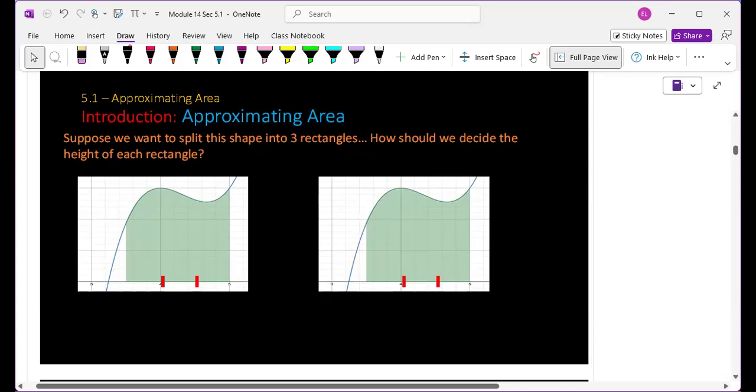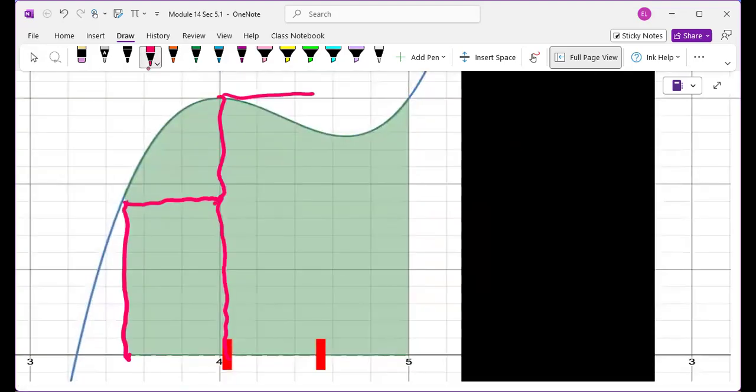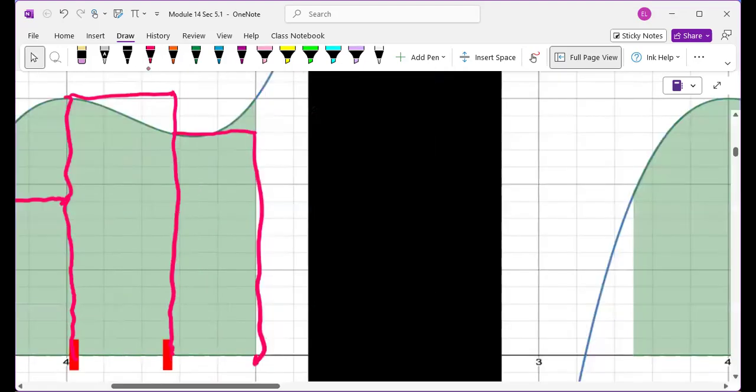So here we have, suppose we're going to take this thing and we're going to split it into 3 rectangles. So we're going to split equally for the width. But we're asking ourselves, what should the height of the rectangle be? Should it be the left endpoint?